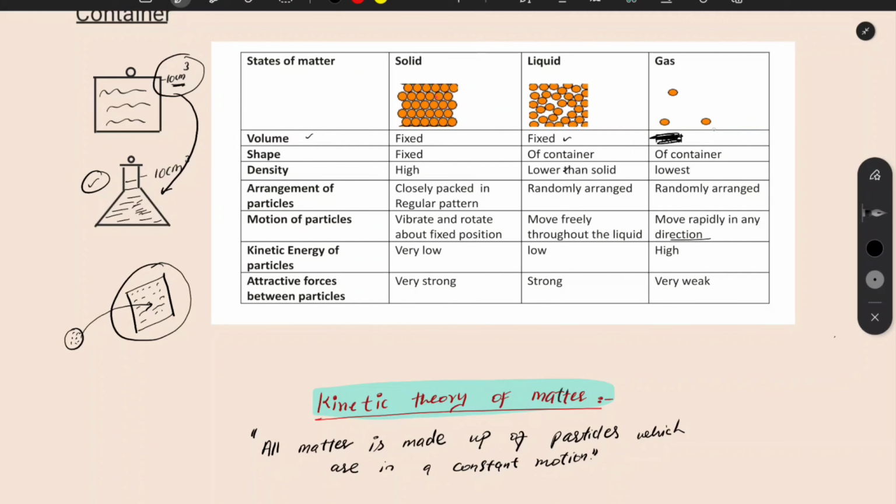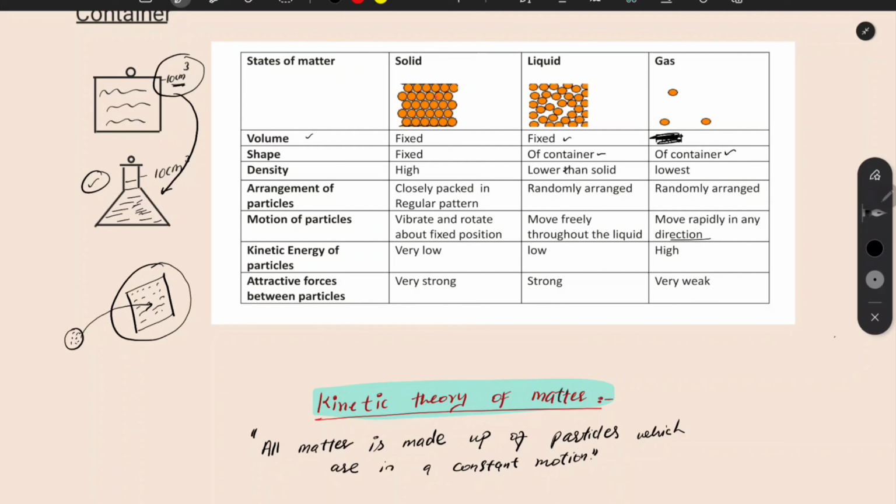If you transfer a gas from a rectangular container to any other shaped container, its shape will become similar to the shape of that container. So the shape of the gas depends upon the shape of the container, similar for gases and liquids, but not for solids, which remain fixed.